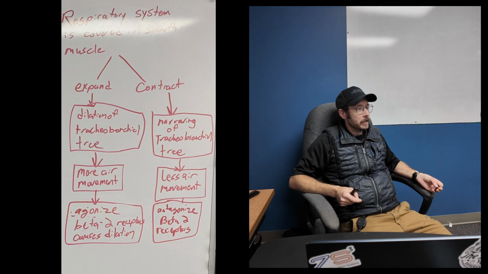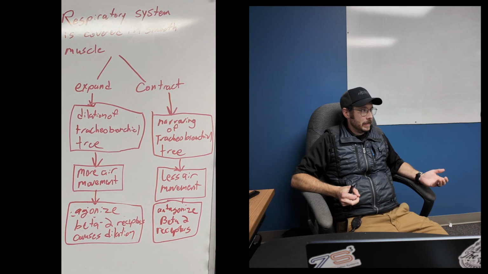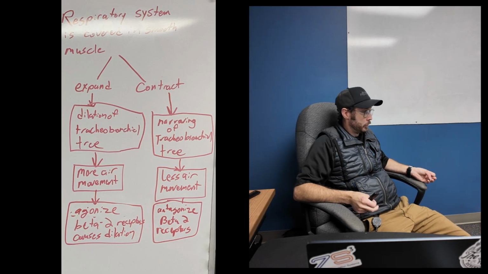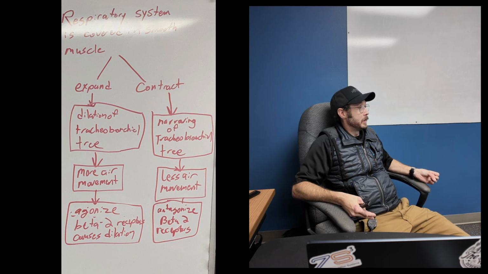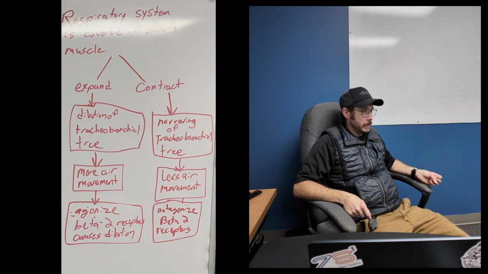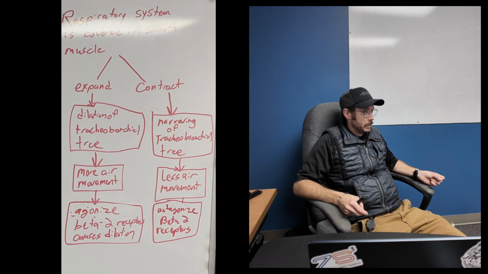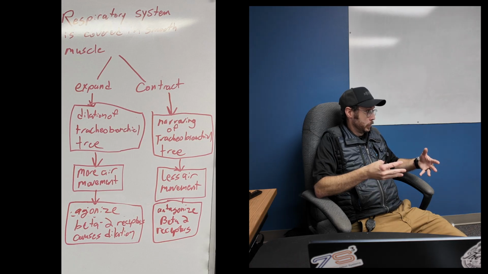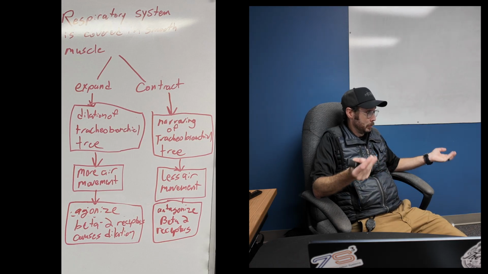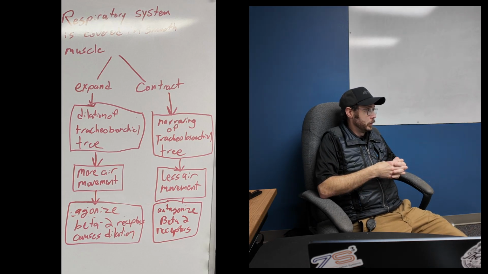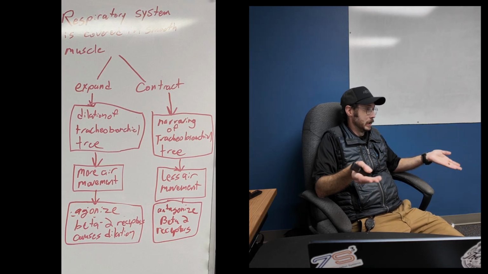You could give it to attempt to relax the smooth muscle to hopefully be able to, with positive pressure, move more air. They will relax the smooth muscle, which will allow those structures to expand when we're giving positive pressure ventilation. They're not going to cause those structures to just magically get bigger.